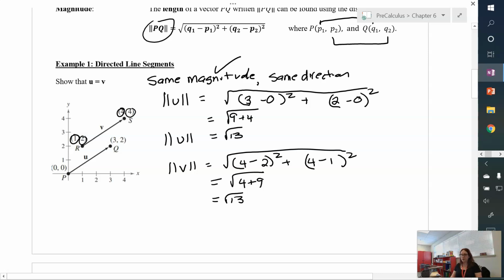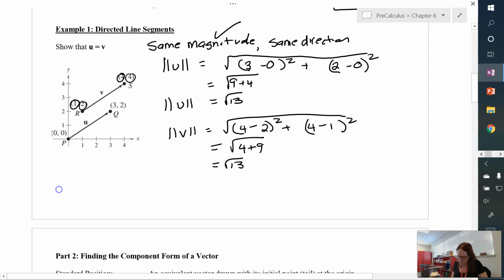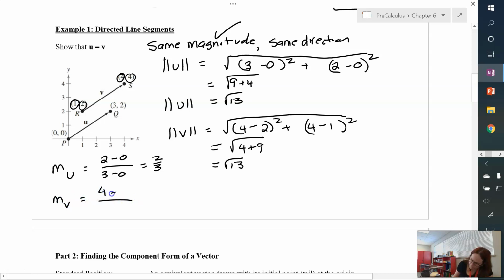The easiest way to check direction is to use the slope. So now I'm going to do the slope of vector u. My slope of vector u is going to be 2 minus 0 over 3 minus 0. I get 2 over 3. And now do the slope of vector v. 4 minus 2 over 4 minus 1.